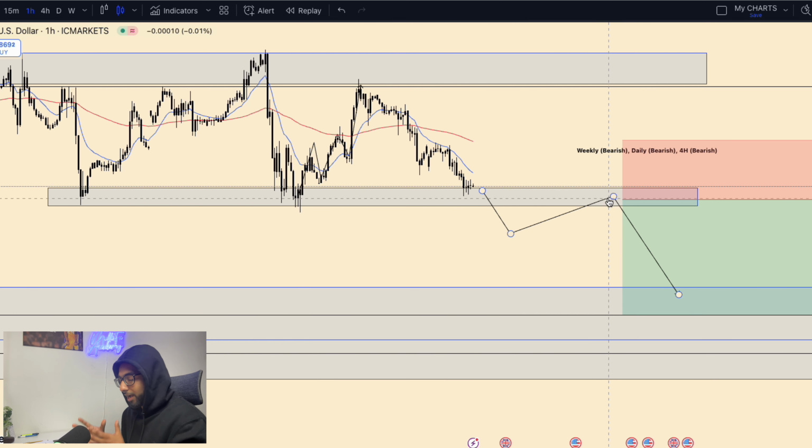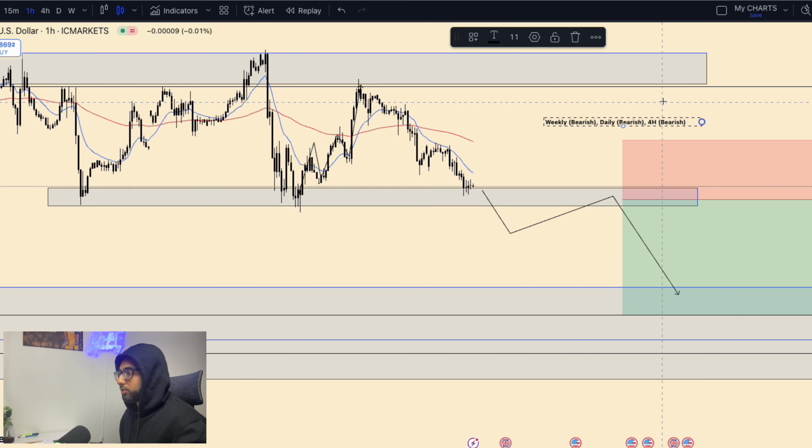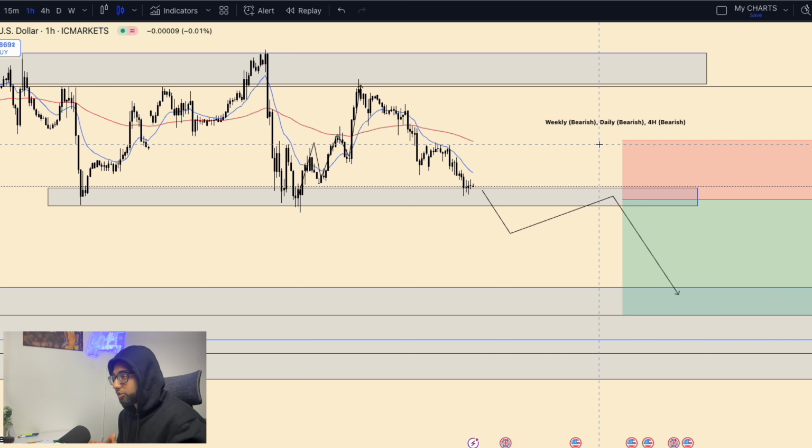Okay, we look for our candlestick formations, we look for our confluences, but one of the major confluences are these right here. So we can actually put in our trading journal, okay, the reason why I'm going for a sell is because the weekly's bearish, the daily's bearish, the 4 hours bearish, and also because scaling into the 1 hour, we had a break of structure, retest of the break of structure, and then I've entered on the retest of the break of structure, and we're following the trend.